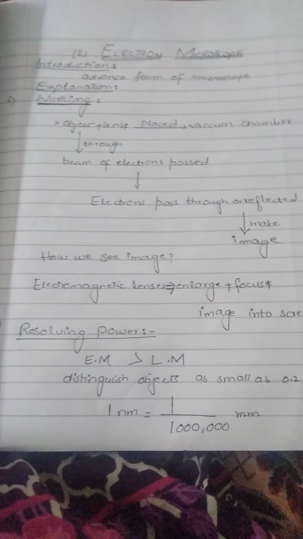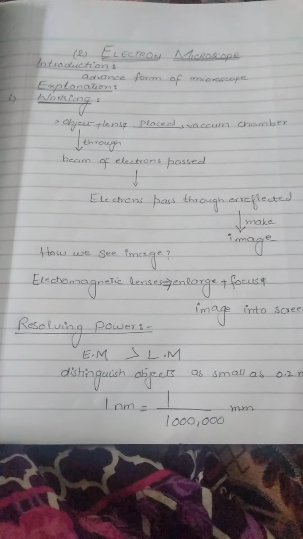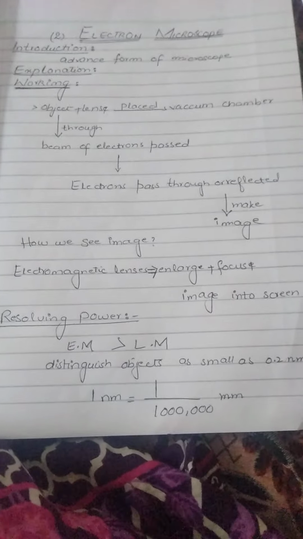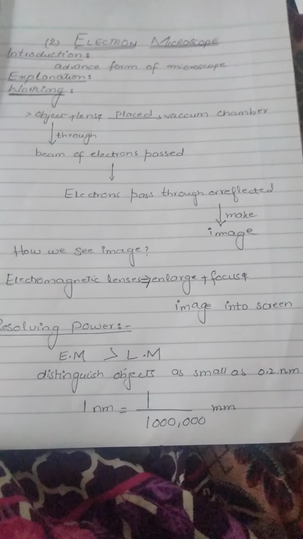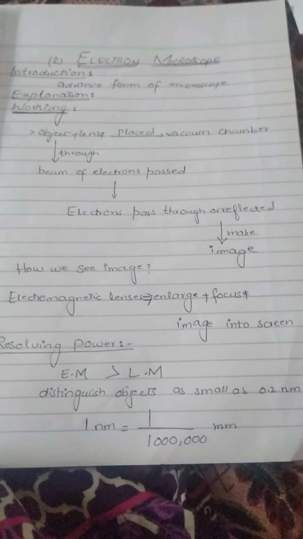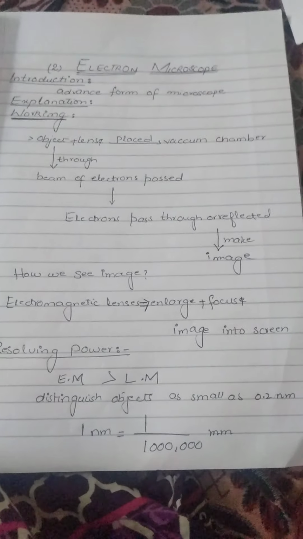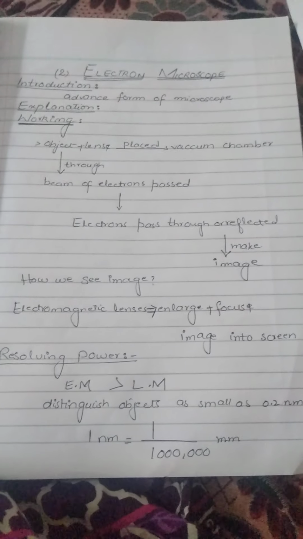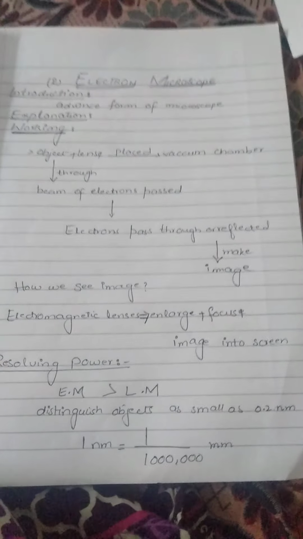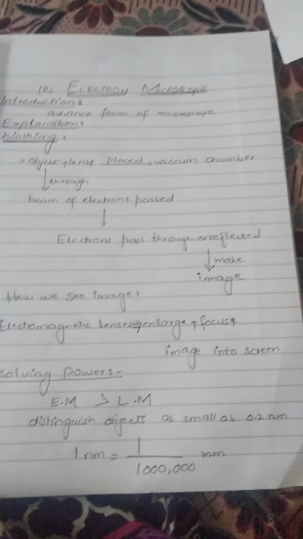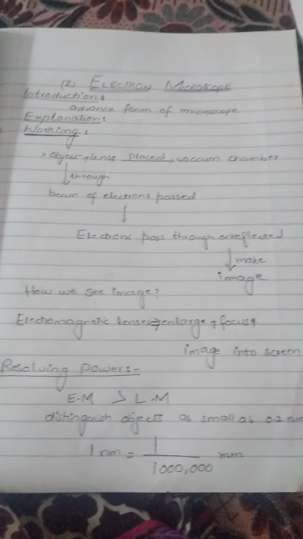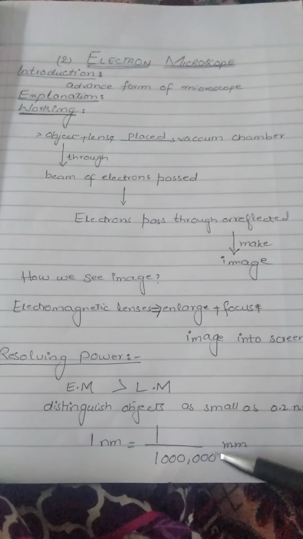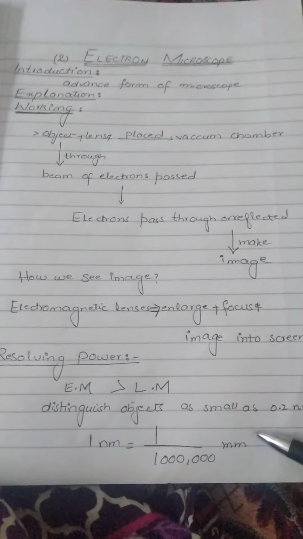Then we have resolving power of EM, that is, resolving power of electron microscope. The EM has much higher resolving power than light microscope. The most modern EM can distinguish objects as small as 0.2 nanometer.